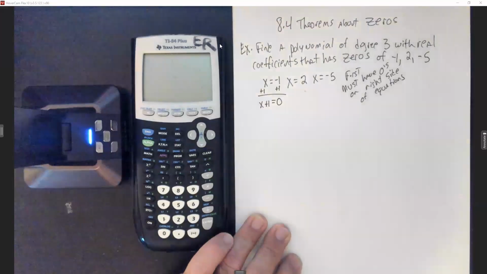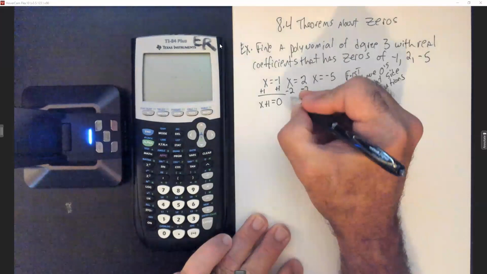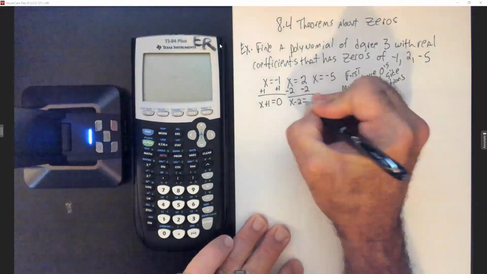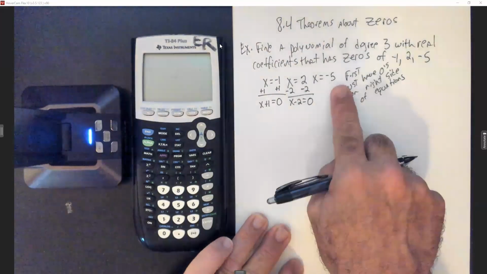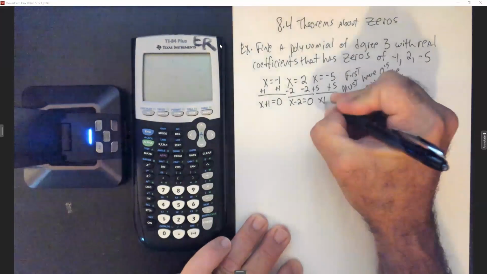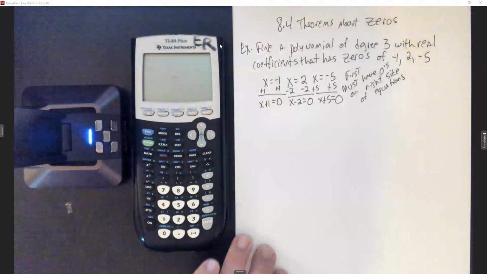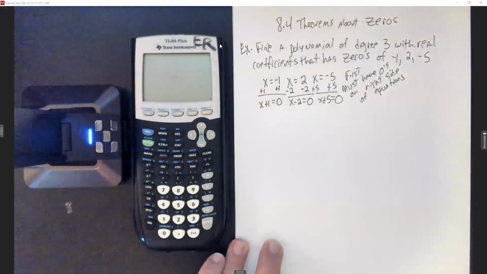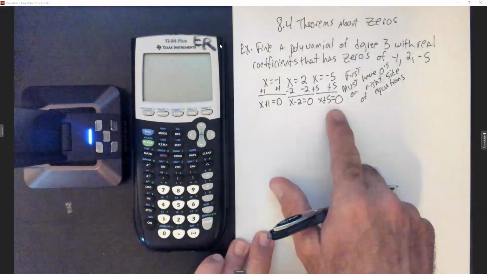Second one is positive, so you would subtract 2 from both sides and get x minus 2 equals 0. And then the third one was negative, so you would add 5 to both sides, and that would give me x plus 5 equals 0. So you got 3 factors equal to 0.